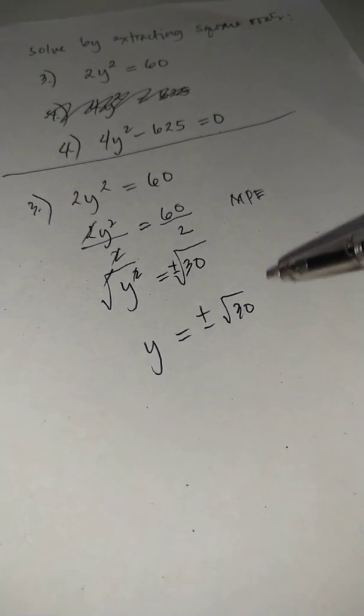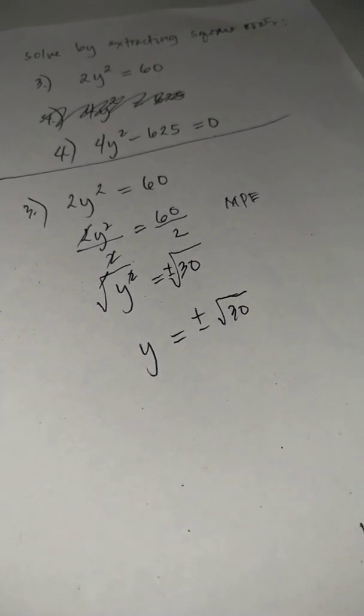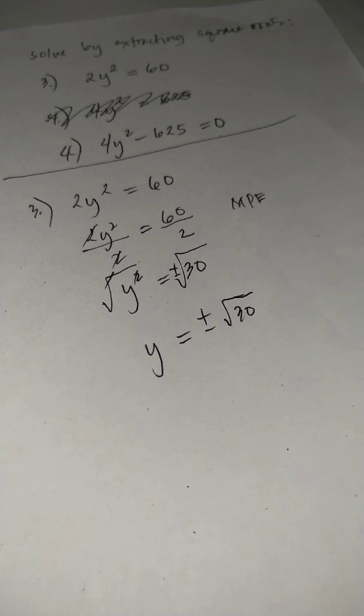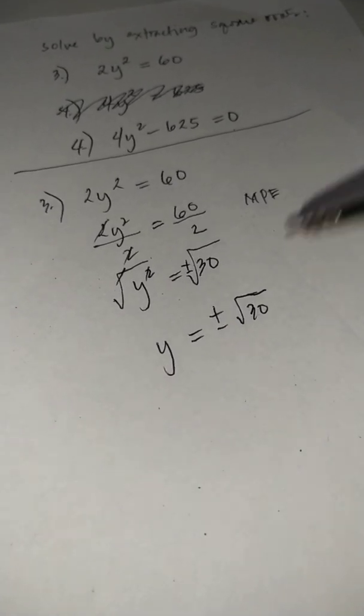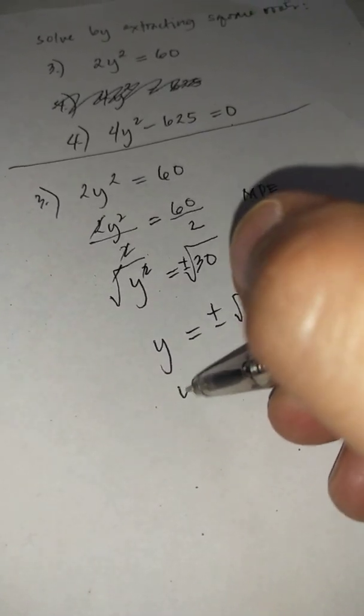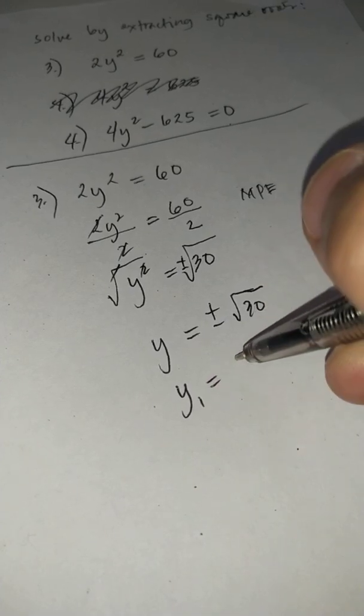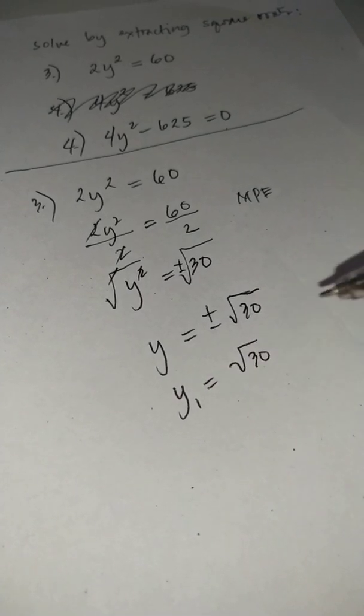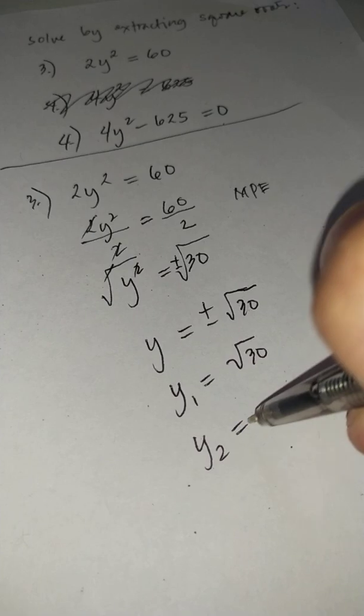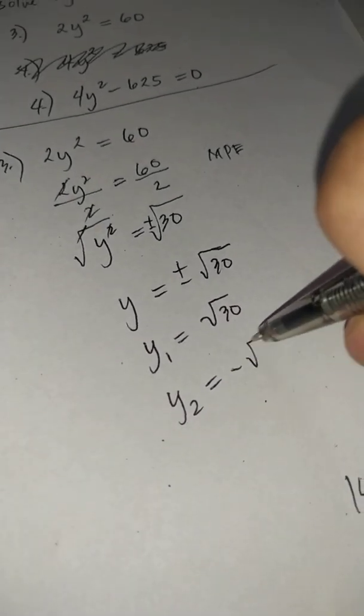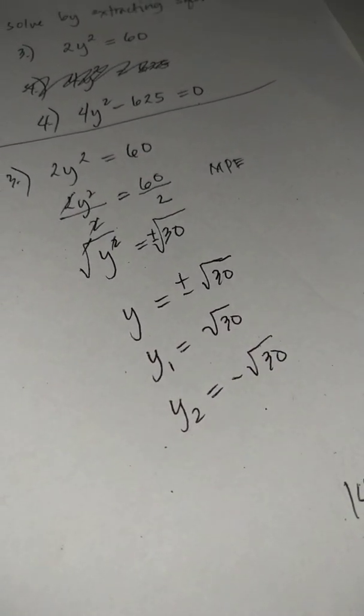Since 30 has no perfect square factor, we do not use a calculator. We maintain that radical sign. Solving for y sub 1, we have positive square root of 30. For y sub 2, we have the negative square root of 30.